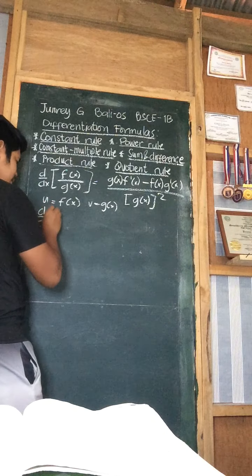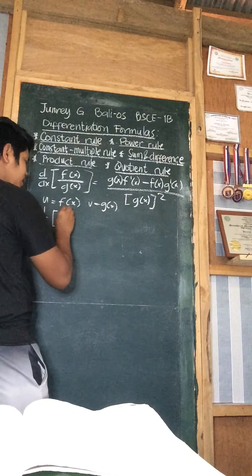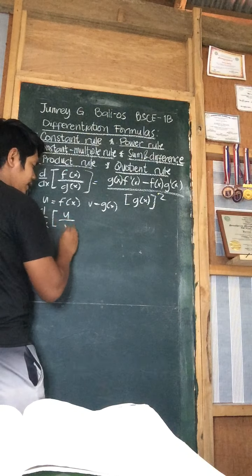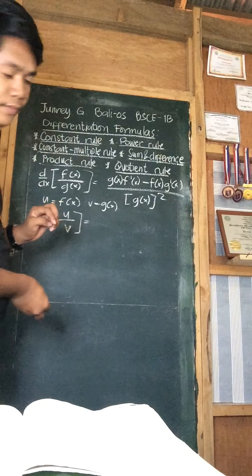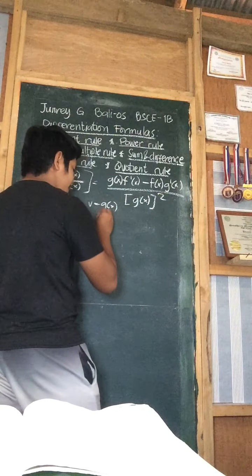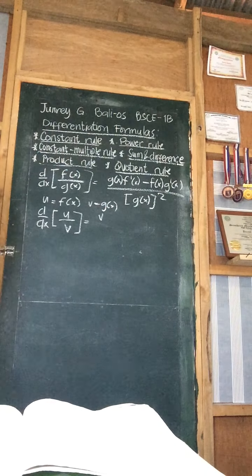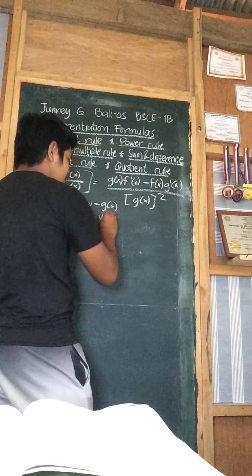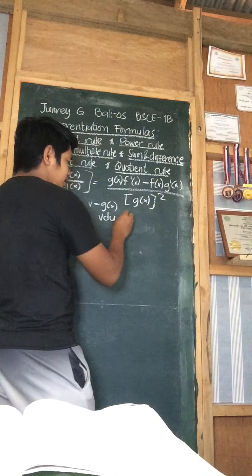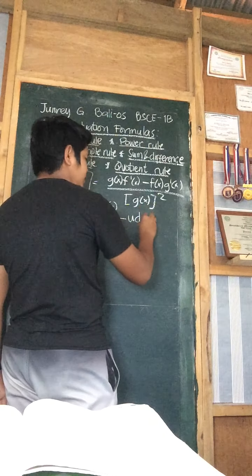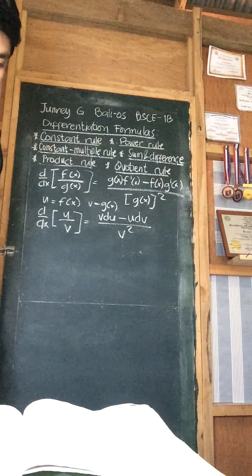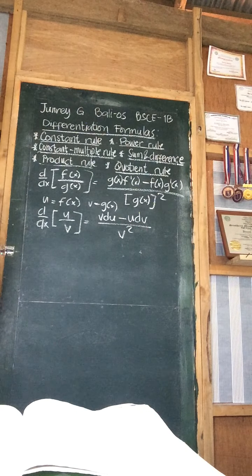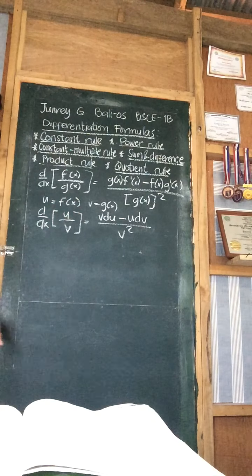D over dx, or the derivative of u over v, is equal to v du minus u dv all over v squared. That's it. Very simple, pero we will go to the example of this one.